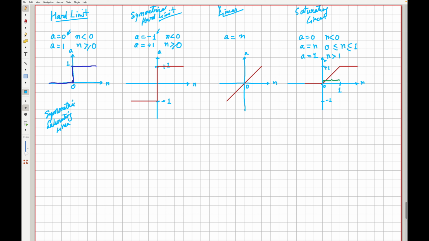And in MATLAB the short forms for these are: this is called Hardlim, and this is called Hardlim with an S. Then this is called Purelin, and this is called Satlin. Likewise, the symmetric saturating linear is called Satlin S.